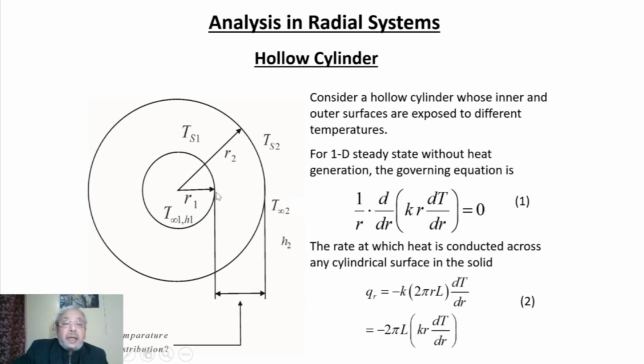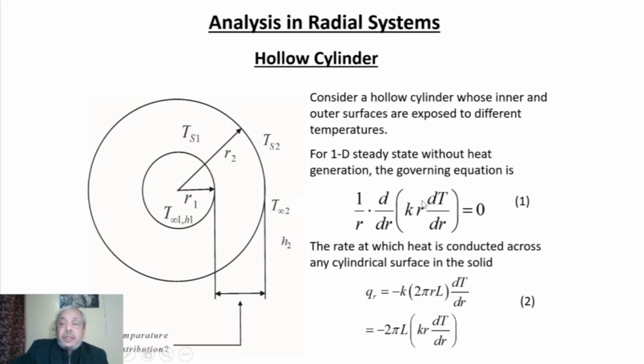At r equal to r1 on the material, the temperature is Ts1, and at r equal to r2, that means on the material surface, temperature is Ts2, and the local ambience outside this material is such that temperature is T infinity 2 and film heat transfer coefficient is h2. And again, this is 1D steady state heat conduction without any heat generation.